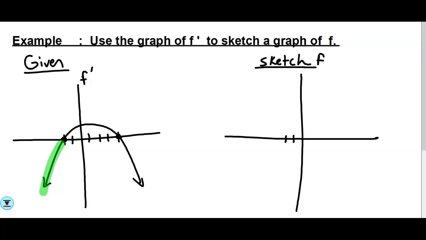And when f prime is negative, that means that f is decreasing. So until I get to x equals negative 2, I'm going to stop there, f should be decreasing. But then I see that at negative 2, f prime equals 0. So at negative 2, I should have a flat slope.